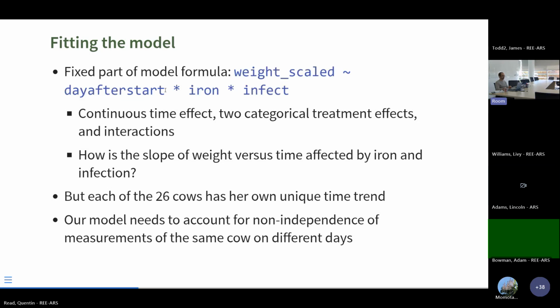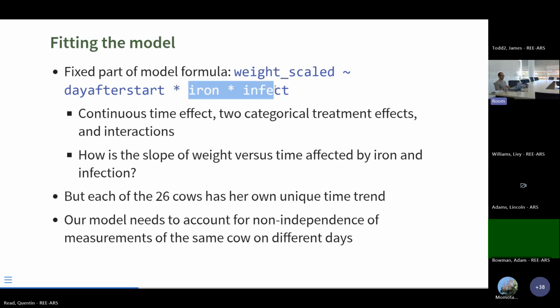The days after start is a fixed effect as well, not a random effect, because we want to know whether the slope of the weight versus time line is changing as a result of the treatments. So we're actually comparing time as part of this model, so we want time to be a fixed effect.